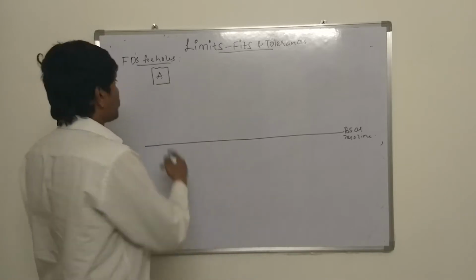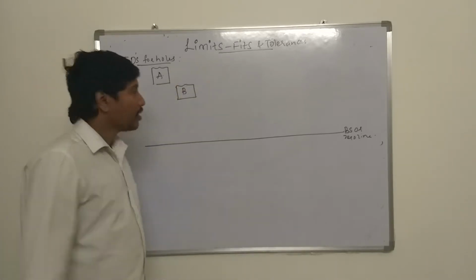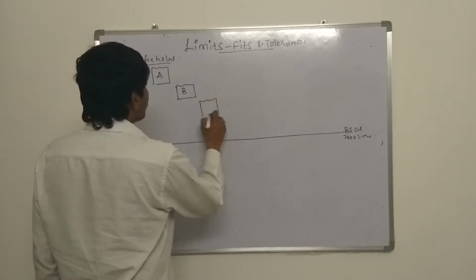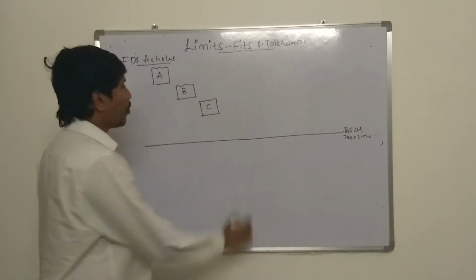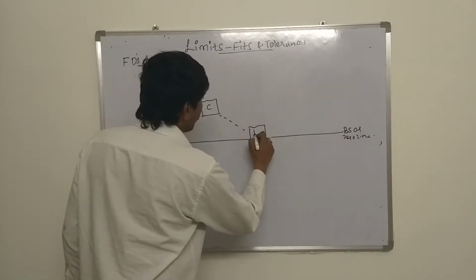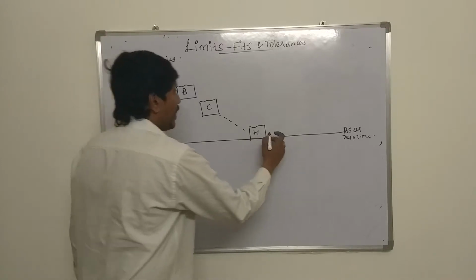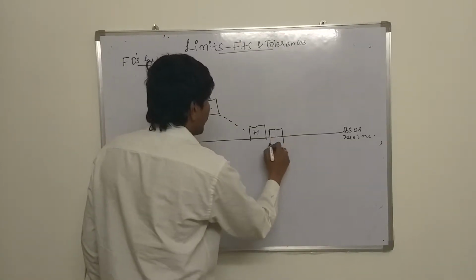Next comes the capital B hole. Next comes the capital C hole. As we go on further, the capital H hole lies on the basic size or zero line. Next is the JS.